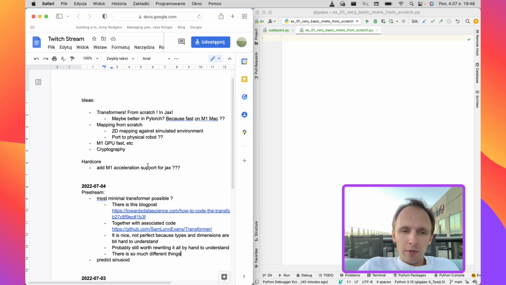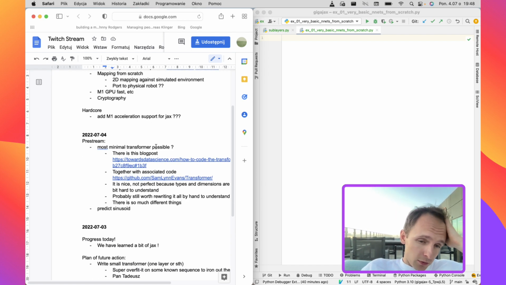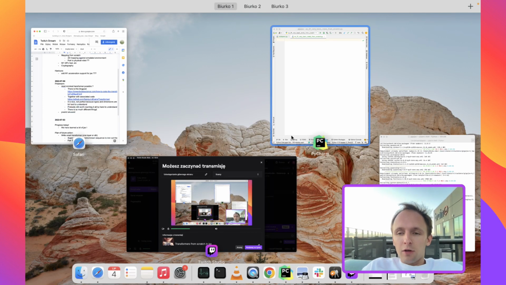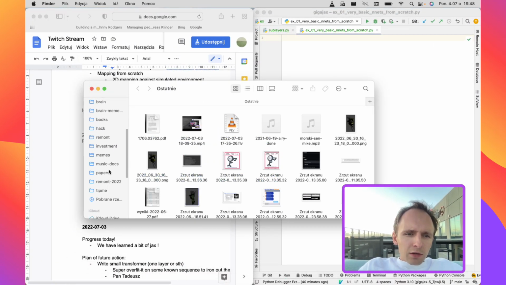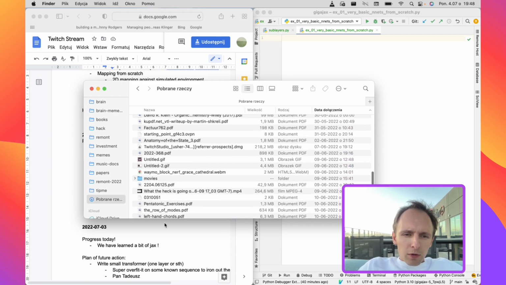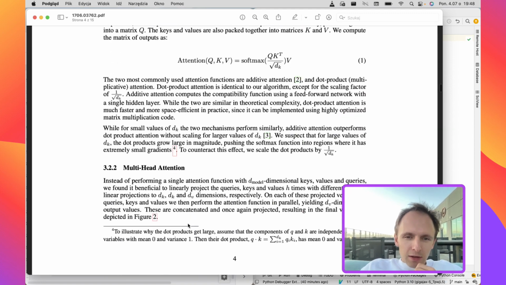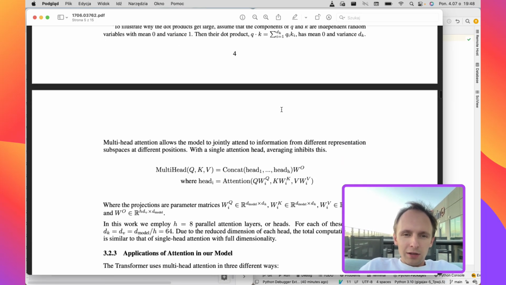In the end, to implement transformers from scratch in JAX, but I want to focus on understanding the basics. So in transformers we have these basic equations like attention, or multi-head attention.